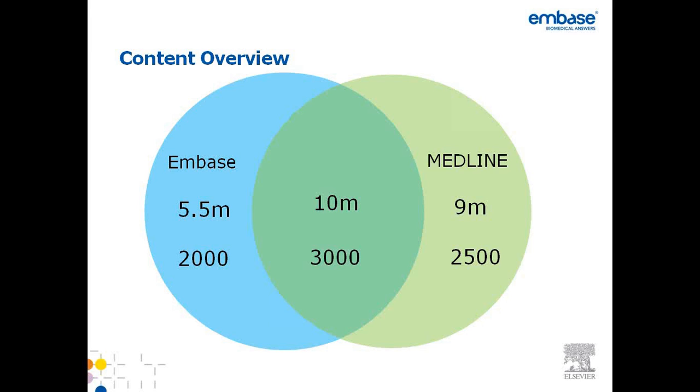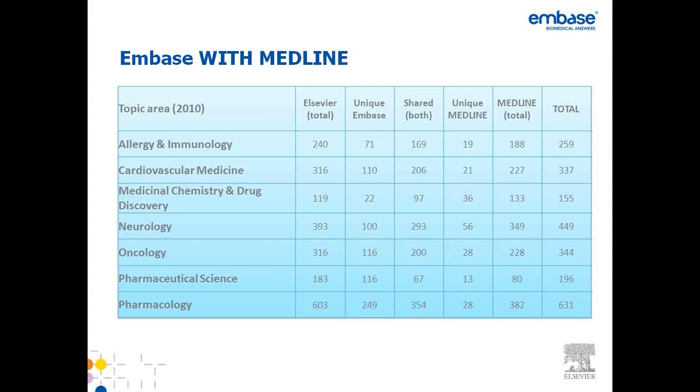So what about the unique content in Embase? For those of you who may not be so familiar with what exactly you're searching in Embase, we've just selected a couple of subject areas here. So if we look at the second one, cardiovascular medicine, for example, you can see of the total collection, 110 are coming uniquely from Embase, and we have 21 coming uniquely from Medline.